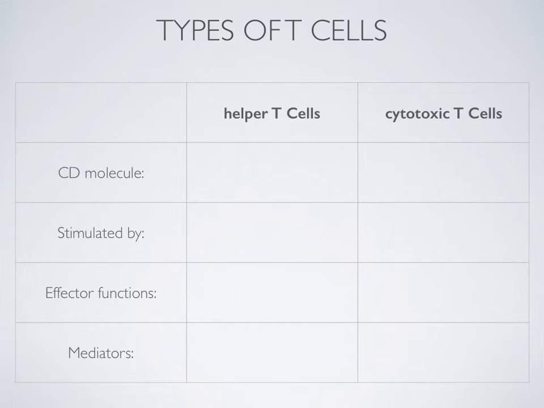So, okay. Right, so let's think about what these 2 different types of T cells do. Have you guys learned about helper T cells and cytotoxic T cells? Okay. What do helper T cells do? They activate cytotoxic T cells and other T cells.